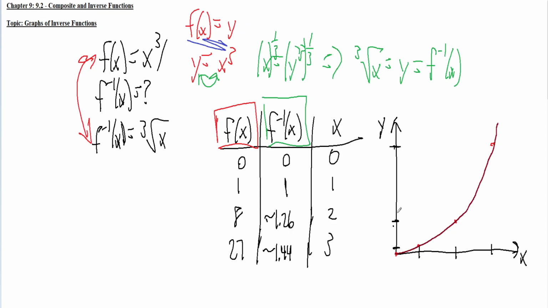And then in green, we have 0, 0 again, 1, 1, and this is 2, 1.26, so it's just barely above. And then fairly higher here as well.